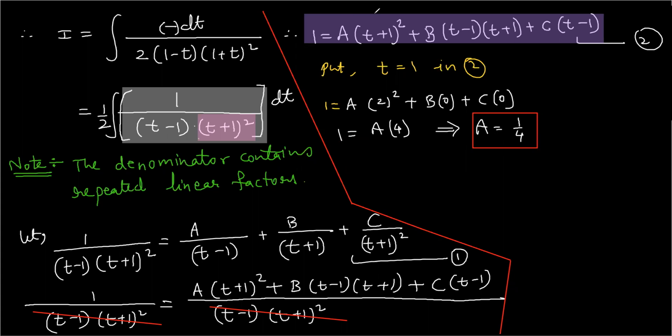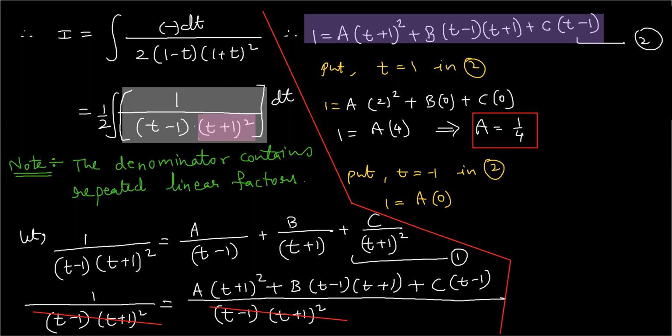Similarly, I will get the value of b. For b, I put t as minus 1, because I want to make the denominator of b 0. So I write here, put t equals to minus 1 in 2. I get 1 equals a into 0, because when you put t as minus 1, t plus 1 becomes 0, and 0 square is 0, so a multiplied with 0 is 0.